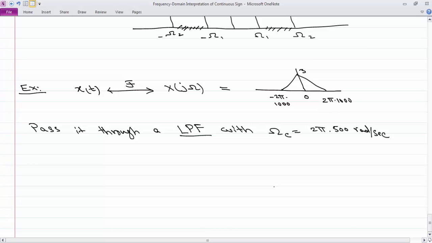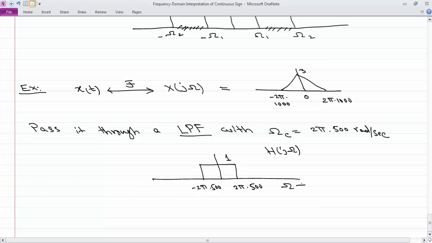The term used is cutoff frequency, which means you can just draw h of j omega yourself. If there is no phase information, it's just an ideal low pass filter with 1 up to 2 pi times 500 radians per second. So this is a low pass filter that is going to cut all the frequencies above 500 hertz.